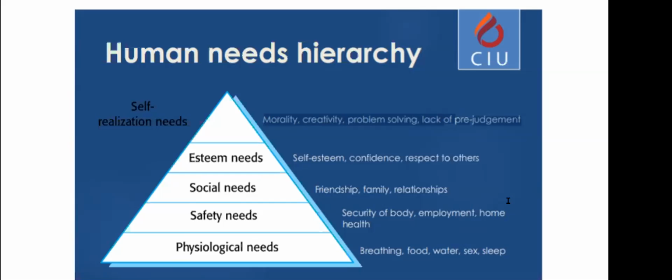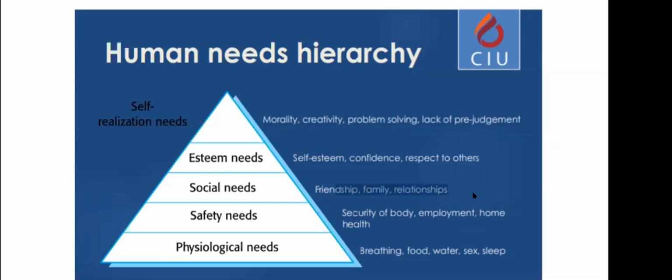So if a person is hungry, or is not feeling safe, or has social anxiety issues, then it is not logical to expect that person to be very confident, to care about others as much as you expect from them, or to be extremely proficient in problem solving.